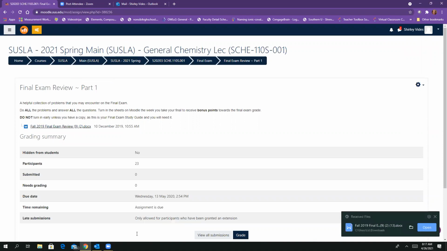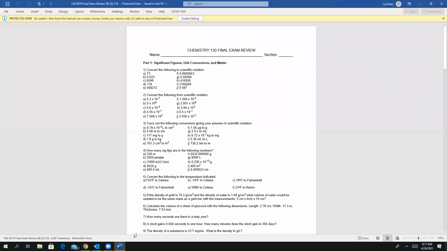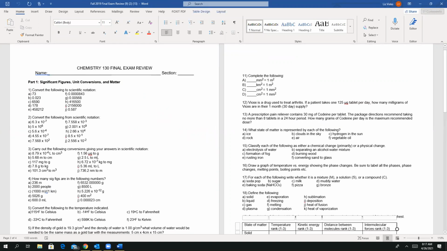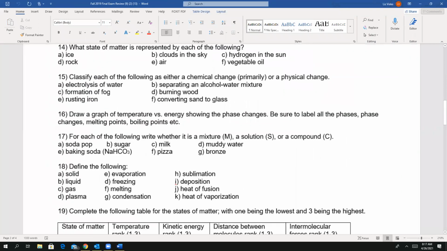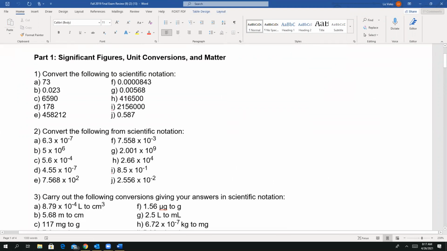Now you can turn it in because I'm not going to do every single one of them. So you can turn it in for extra points if you complete it.